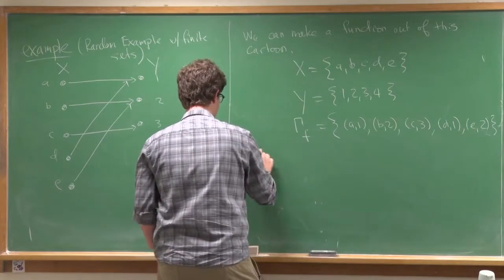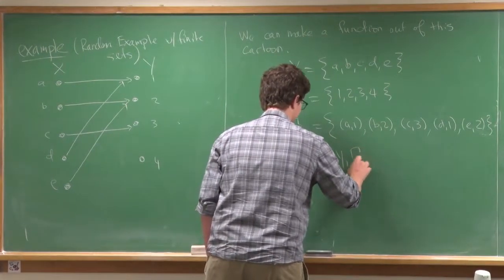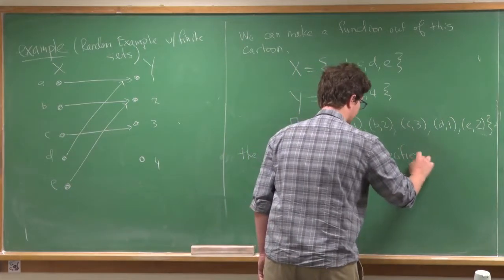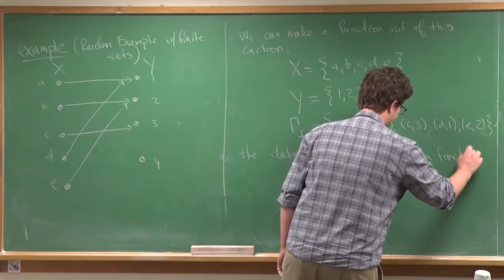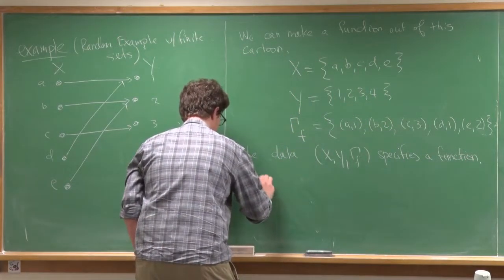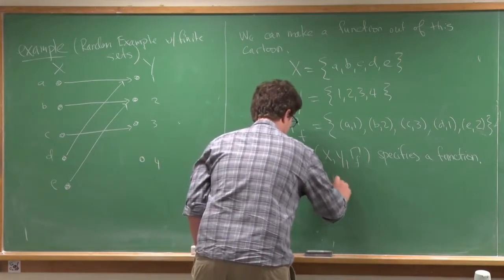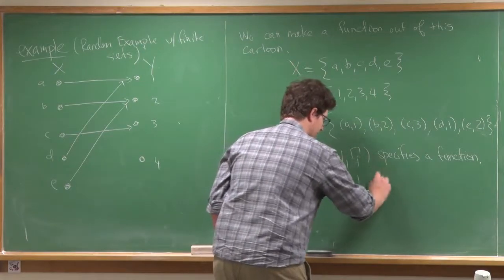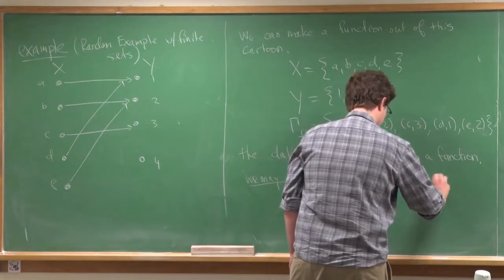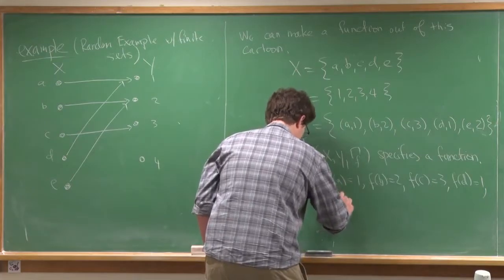So the data X, Y, gamma of f specify a function, and we can write f of A is 1, f of B is 2, f of C is 3, f of D is 1, and f of E is 2.